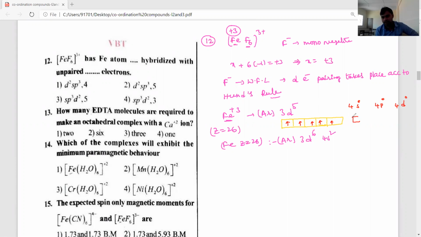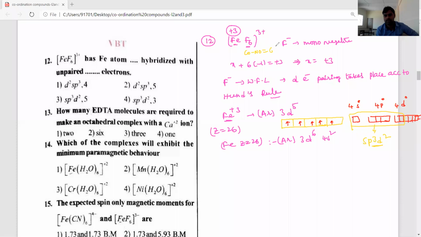The outer shell orbitals are involved in hybridization: 1 s orbital, 3 p orbitals and 2 d orbitals form sp3d2 hybridization with coordination number 6.